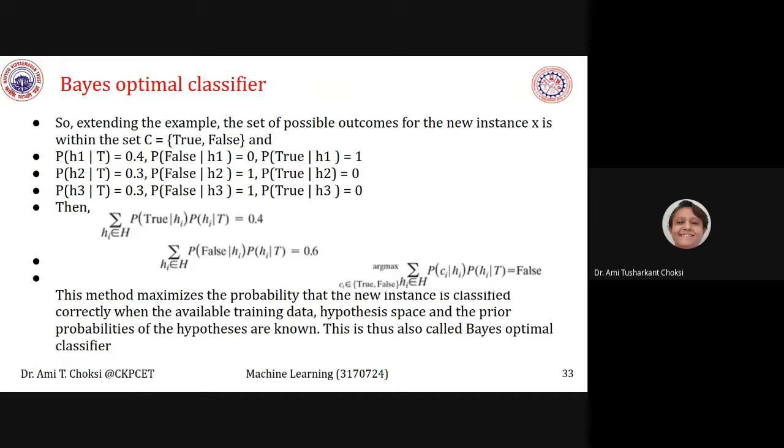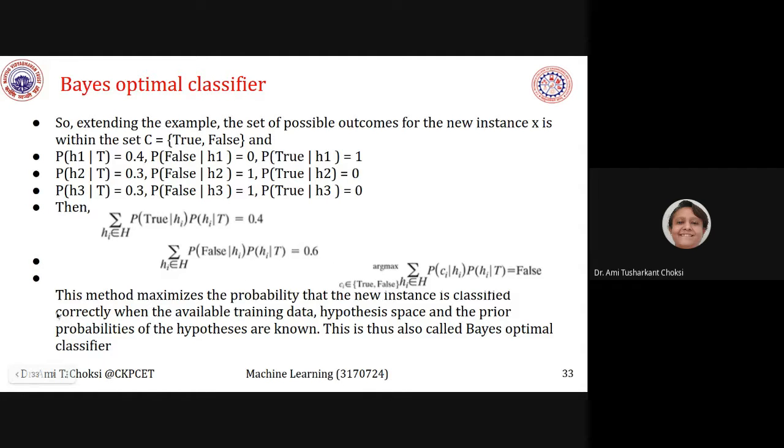So whichever is the maximum, 0.6, isn't it? We can say that 0.6 is maximum, and so the answer or prediction for this new instance X is false, right? Because it has the maximum probability.